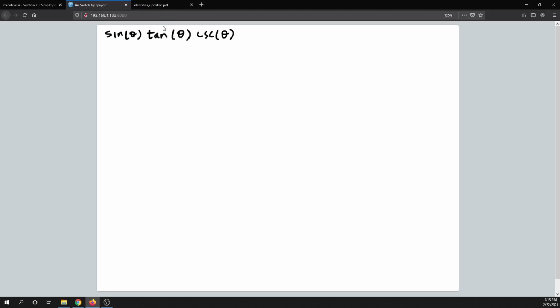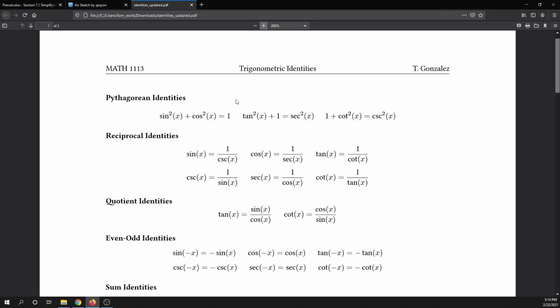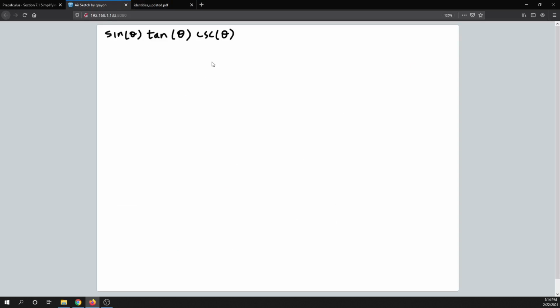With tangent, though, we know that if we look at these quotient identities, that's sine over cosine. So what we can do is write tangent as sine theta divided by cosine theta, like so.